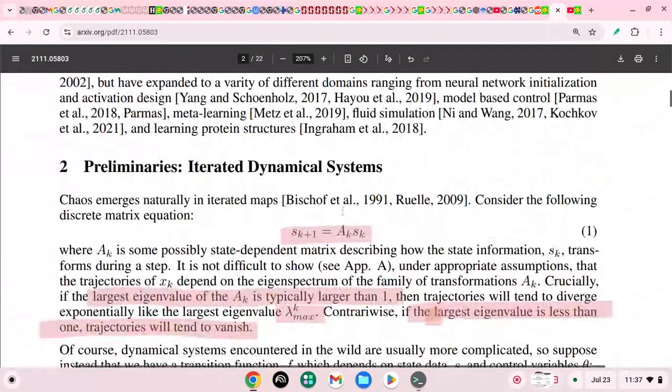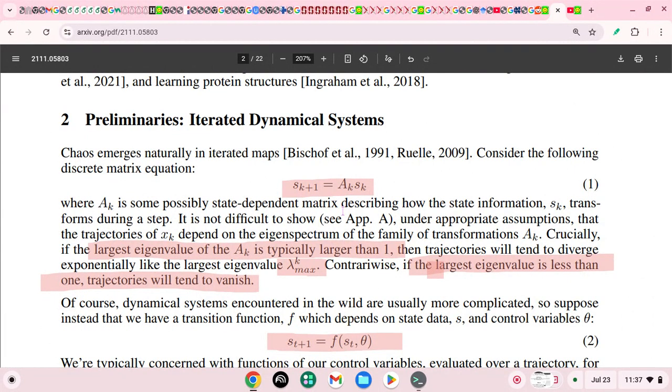Before we go through this paper, we have some basic assumptions that we understand what is meant by dynamics, how that dynamics can be modeled as dynamical systems, and what is meant by linear dynamical systems and nonlinear dynamical systems.